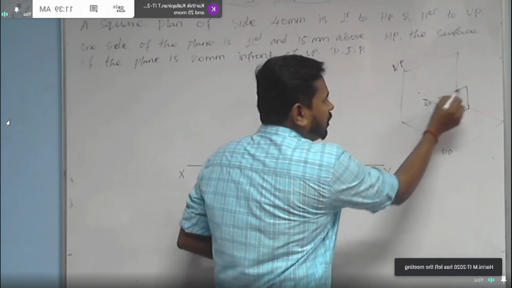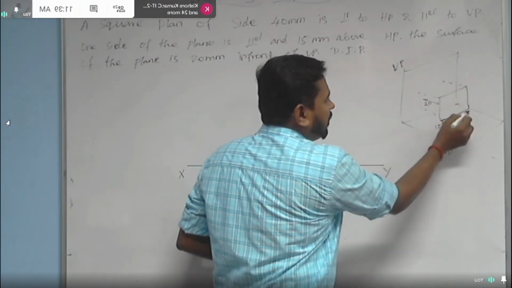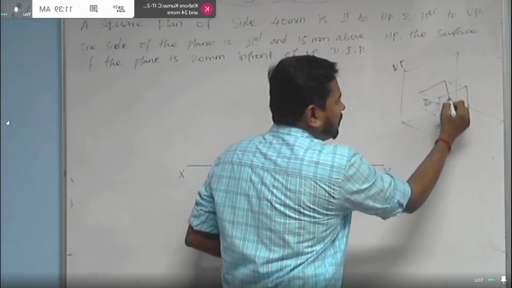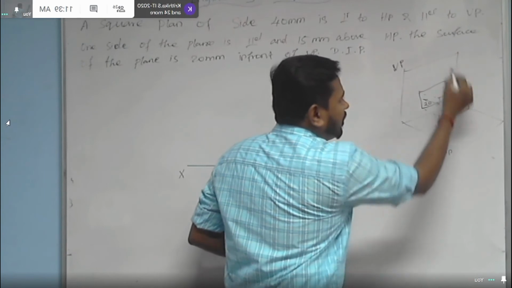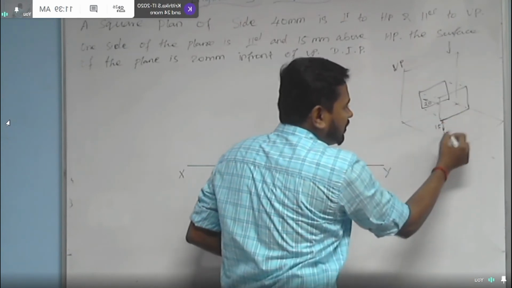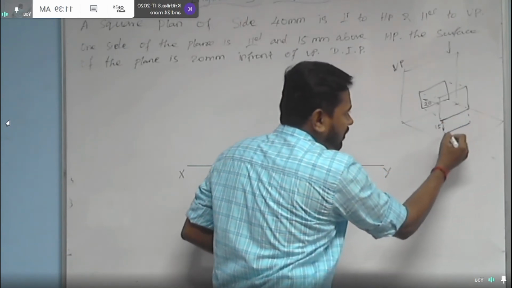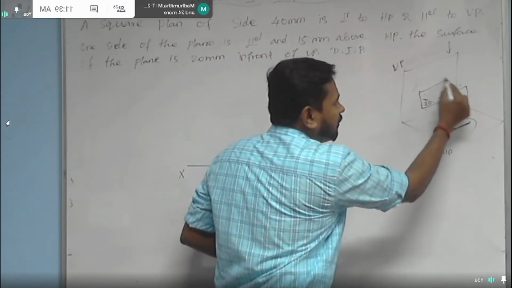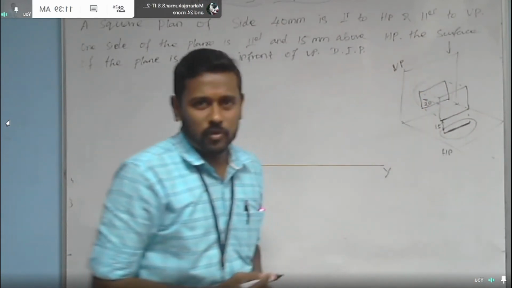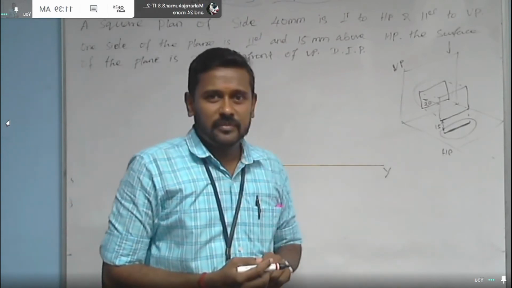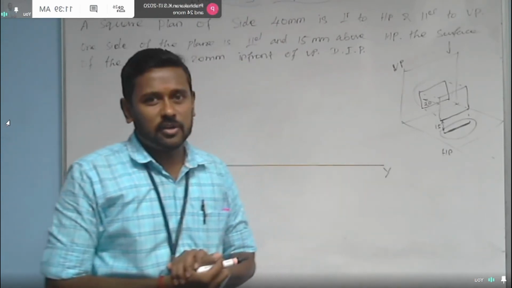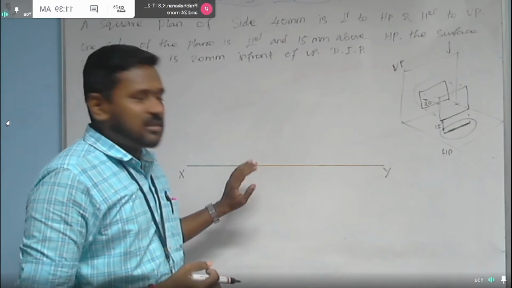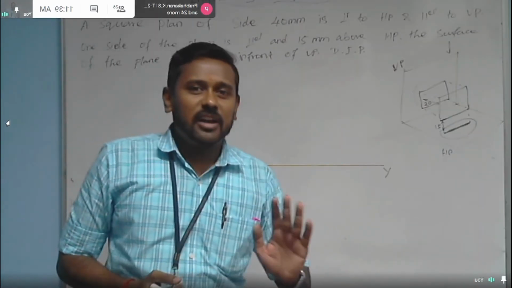The front view will be obtained in the vertical plane, and the top view will be obtained in the horizontal plane. So this top view and front view are our outputs, not the plane. Only these front and top views we are going to draw. Now after drawing the XY line, where to start?